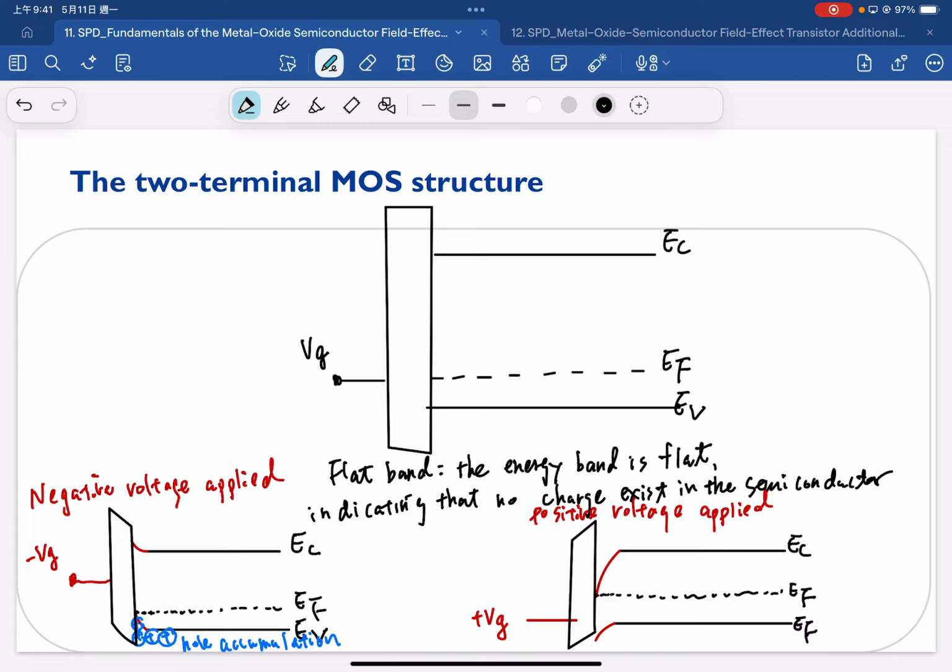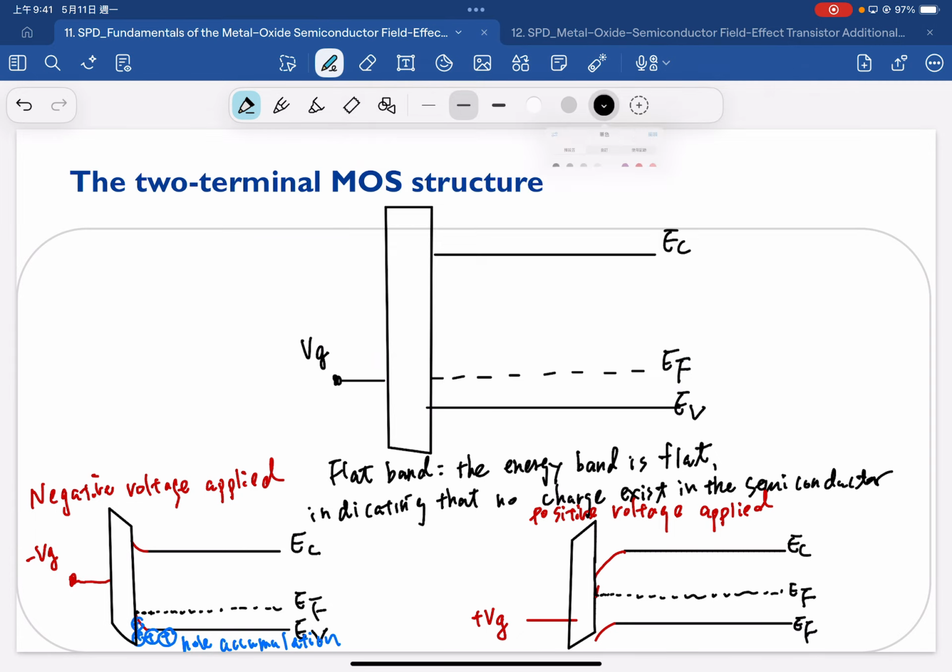And therefore, that depends on how far or how close our EF is to our conduction band. If it's a little bit far, in a case probably like this, our conduction band is now falling below our Fermi energy.